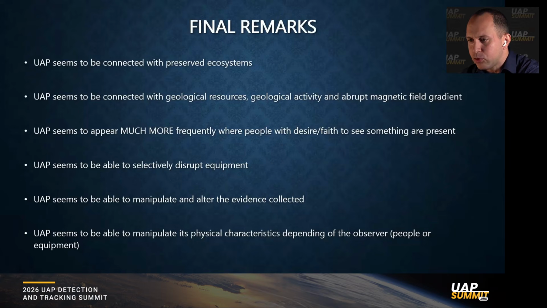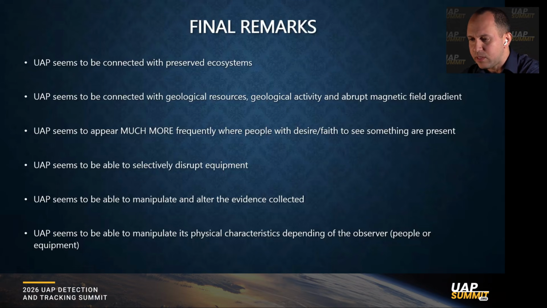UAP seems to be able to selectively disrupt equipment. It's not a simple interference. It can choose what equipment to disrupt. UAP seems to be able to manipulate and alter the evidence collected. As I said, it can put your equipment offline, can alter something that is already recorded, like what happened in the Amazon.